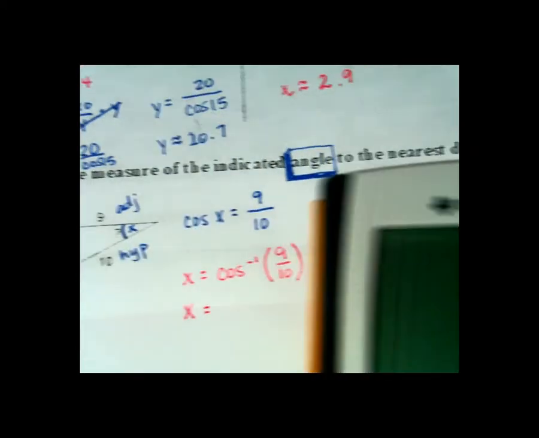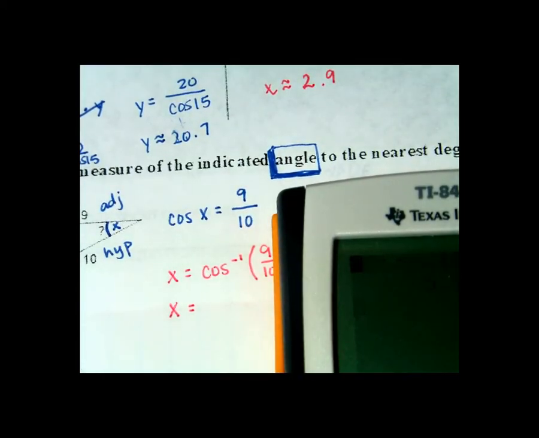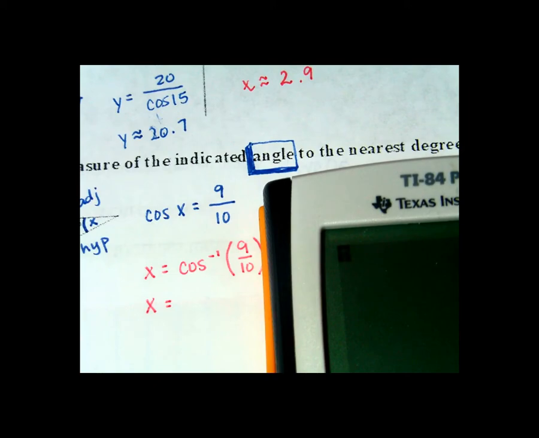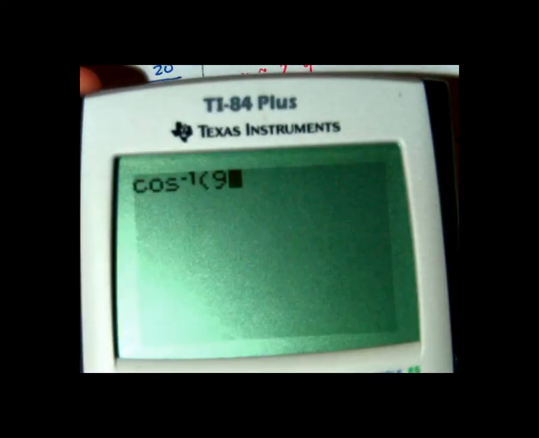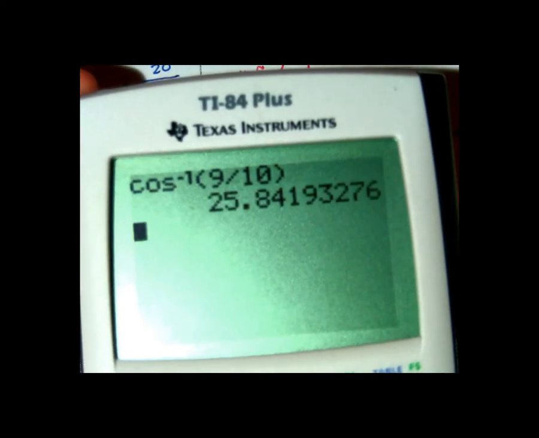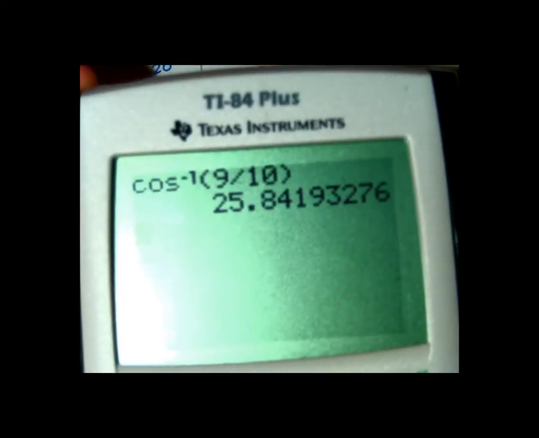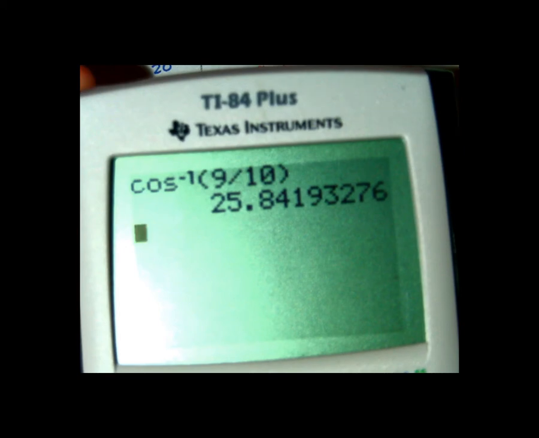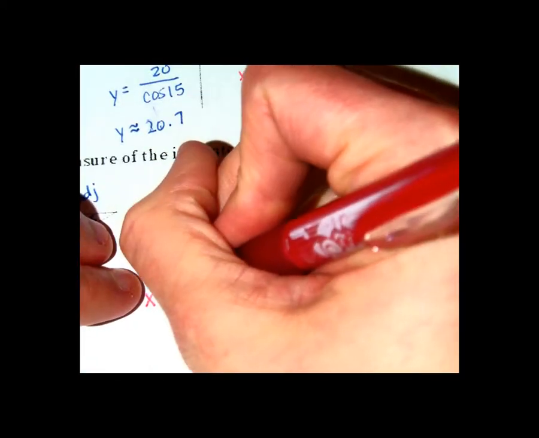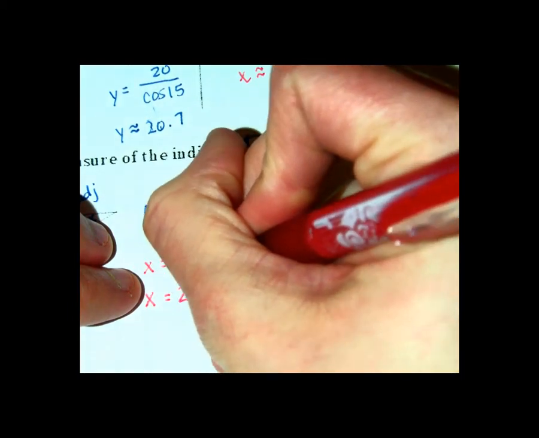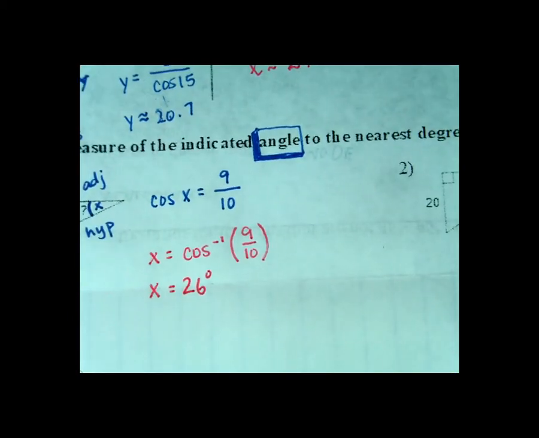So if you're confused, second cosine, 9 divided by 10, you should get 26 degrees. It says to the nearest degree, so we're going to round up since it's 0.8. So our missing angle is 26 degrees. We could find the other one by just subtracting from 180 or 90.